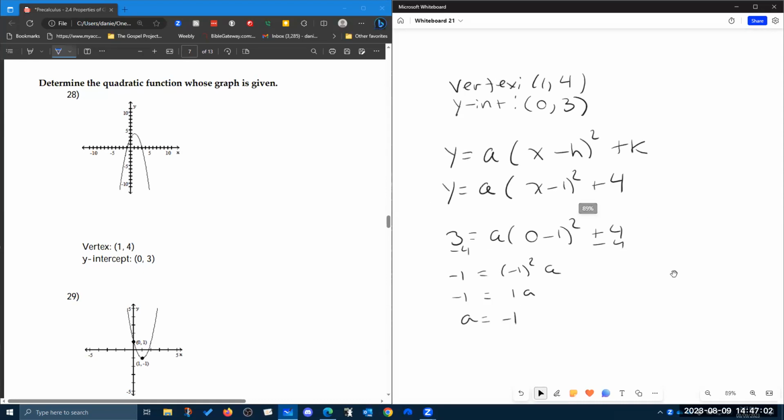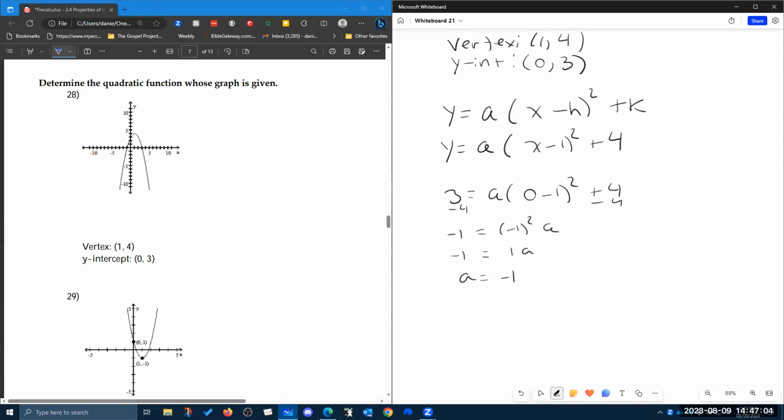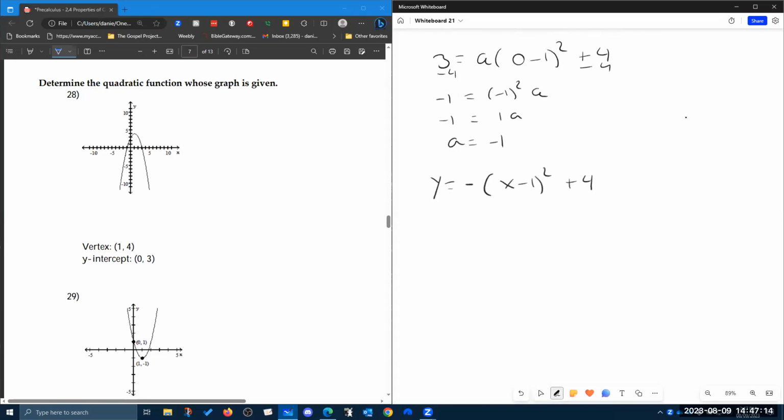So that means that my equation can be written as y equals negative (x minus 1) squared plus 4. If I'd like, I can expand that to get it in standard form from general form. So y is going to be negative (x squared minus 2x plus 1) plus 4.